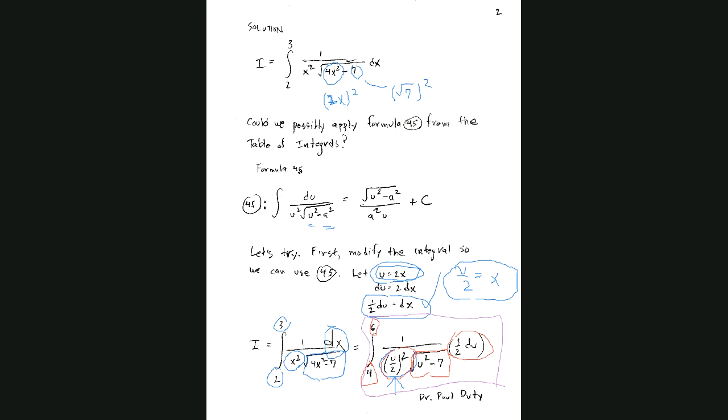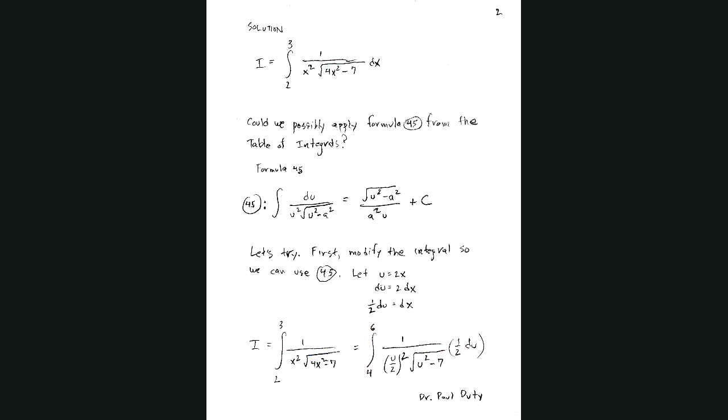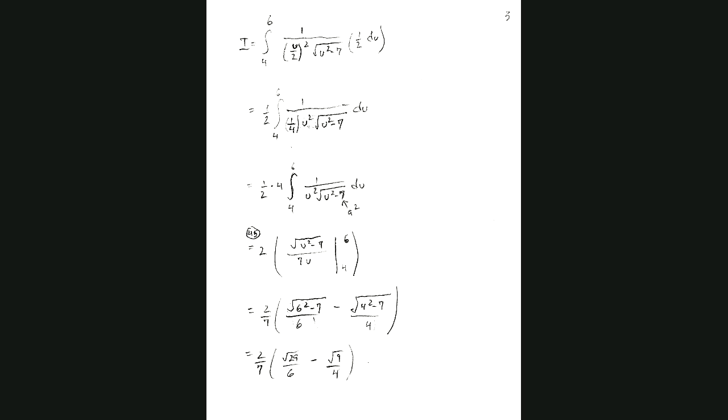Tina's right. Get the 1/2 out of the integral. This 1/2 here. So on the next page, I just wrote the integral down again. And u over 2 quantity squared is the same as 1/4 times u squared.